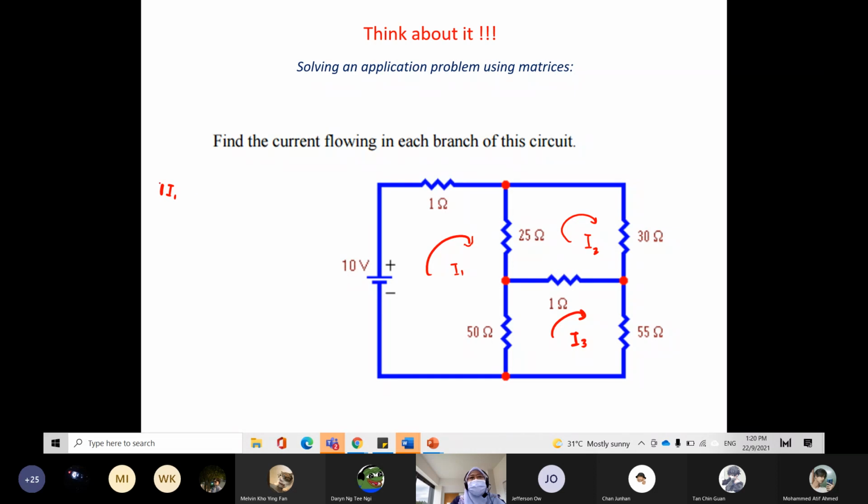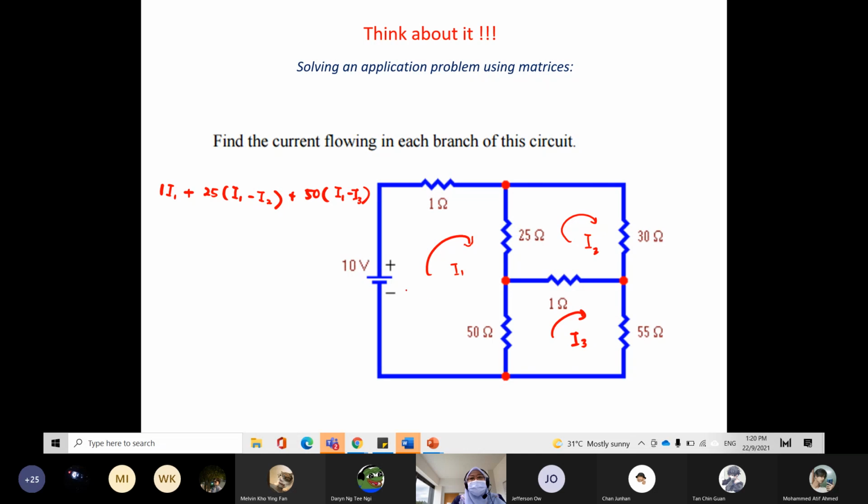Okay, so from here you have 1 times this current number 1 plus this one 25. Since this one is sharing, so 25 times I1 minus I2, correct or not? Plus 50 times I1 minus I3.